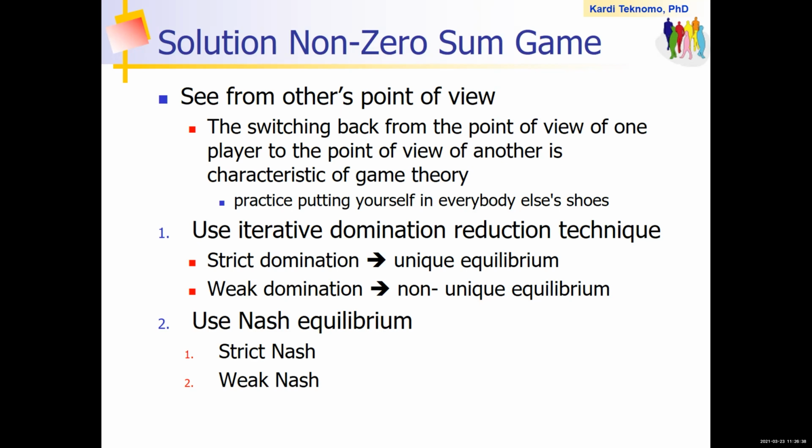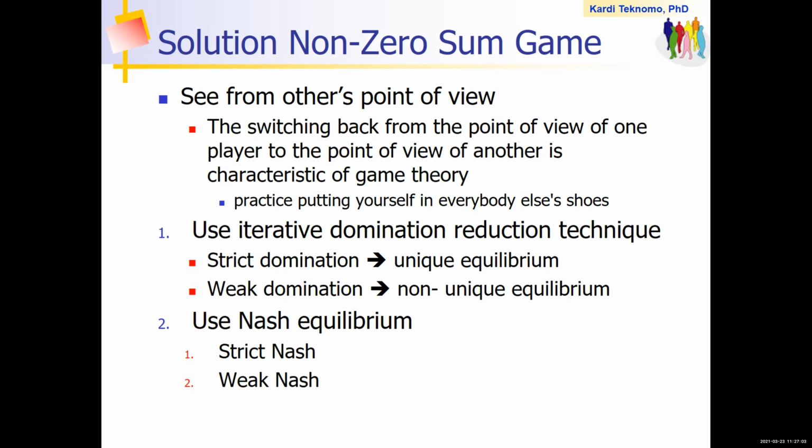So the solution: how to get the solution of a non-zero-sum game? The solution is to see it from the other point of view. So you switch from one point of view, which is yours, to the opponent's point of view.